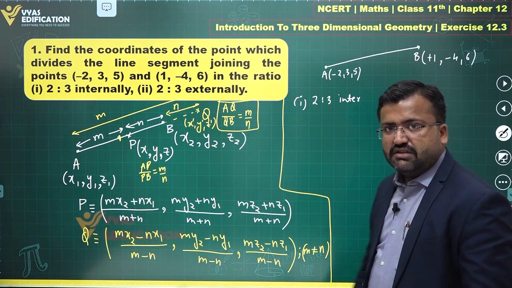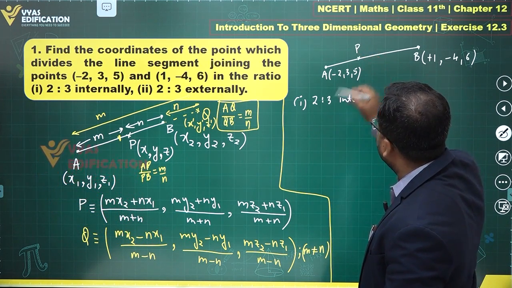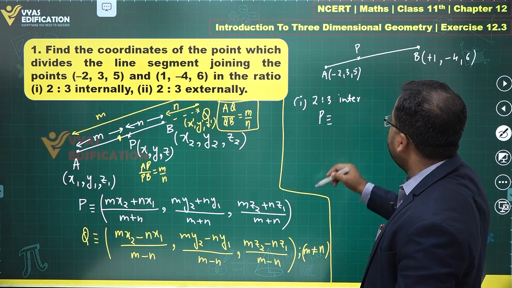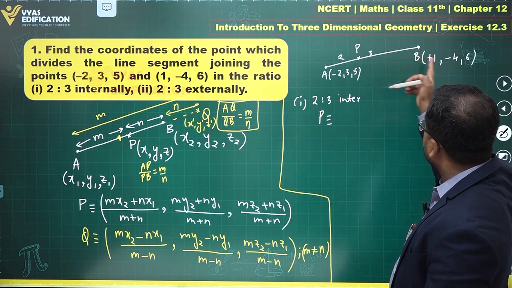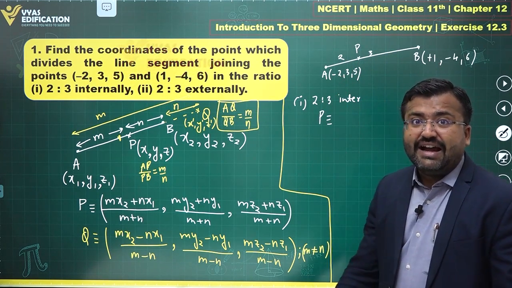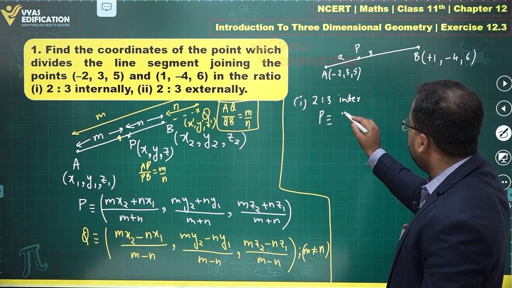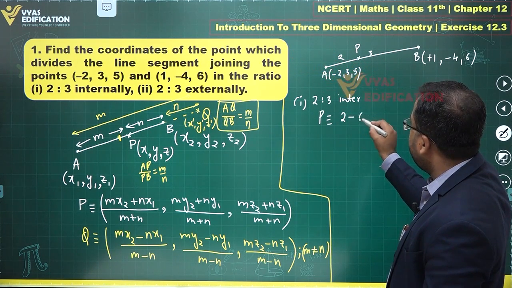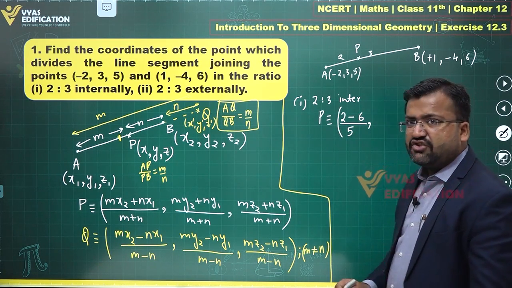For internal division, the coordinates of point P will lie over here, 2:3. So the coordinates of point P will be: 2 into this, 3 into this, and you add them, right? That's what you're supposed to do. So 2 into 1 will be 2, 3 into -2 will be -6, upon 2 plus 3, which is 5. This is the x coordinate.